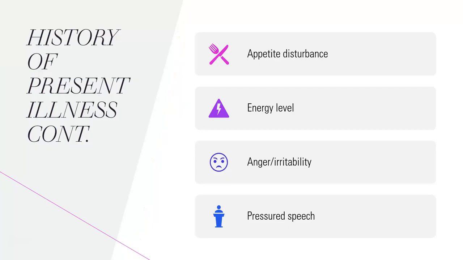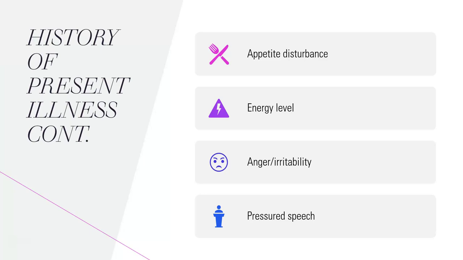Are they having any appetite disturbance? I usually relate that to their mood. So I'll ask, are you having any problems with your appetite related to your mood? Some people get so upset they can't eat. Some people get really upset and they eat their feelings. What about their energy level? Are they having extreme fatigue? They just can't get up, they can't get going.